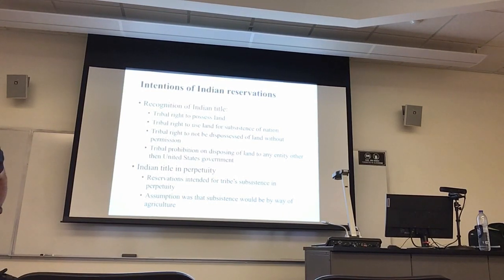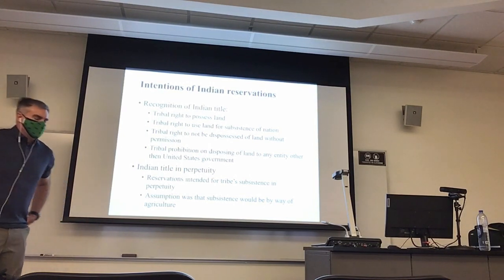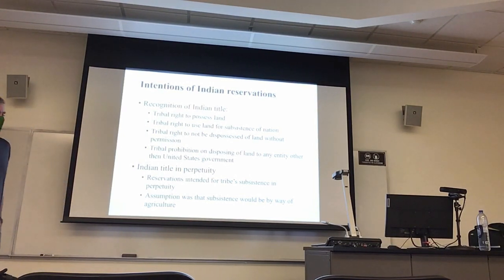This would later become important in defining things like land use and defining reservations. But that right to possess the land is part of sovereignty and part of the Indian title, the right of possession, not of sale, but of possession.